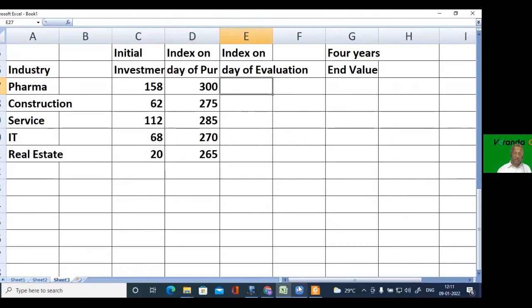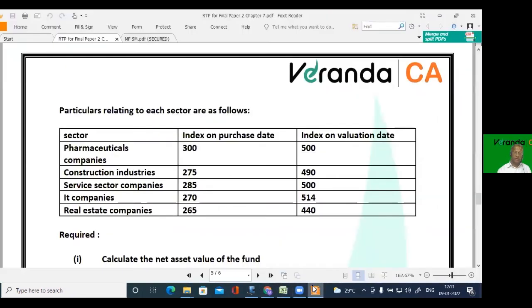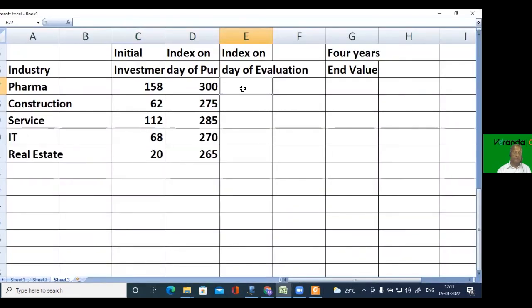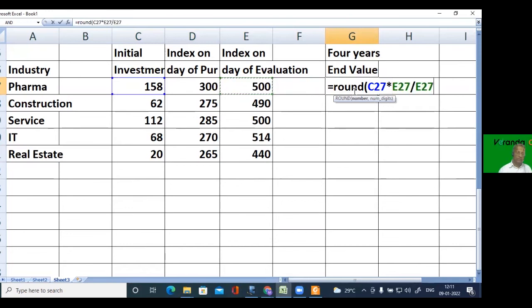Index as on the date of evaluation: 500, 490, 500. So here, this figure should be multiplied by 500 divided by 300.